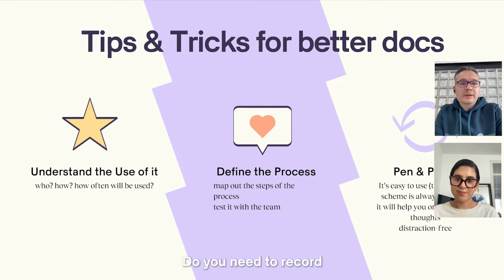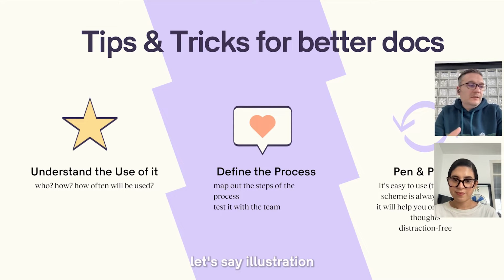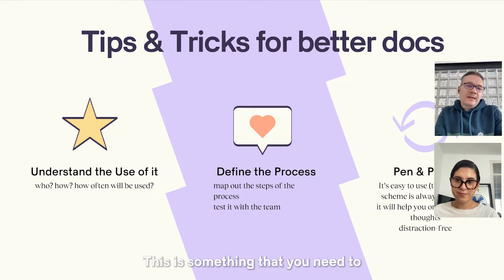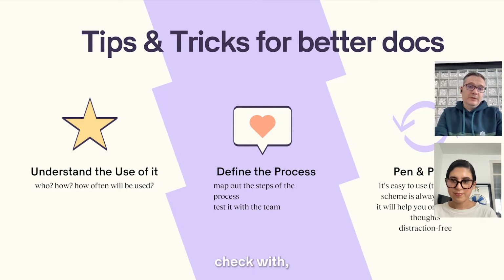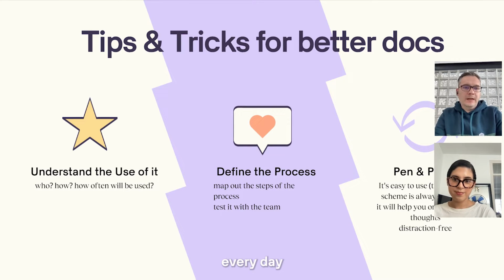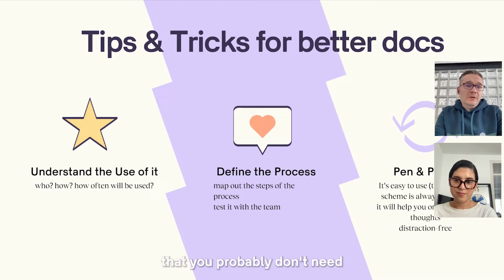Do you need to record the illustration variants made by your designer or not? This is something that you need to check with the team, with the people that are using it, and try to see what information you need at hand every day so that the document is easy to use and is not cluttered by a lot of information that you probably don't need on a daily basis.